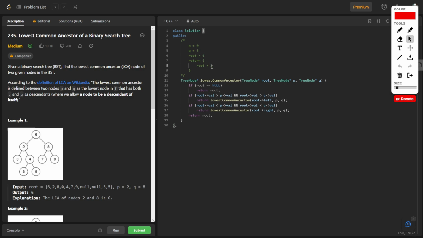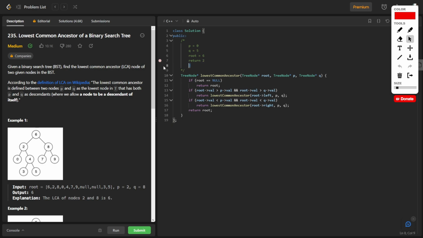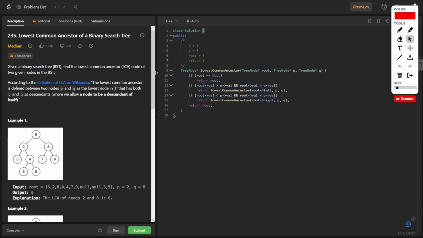So 2 is more than 0, but it is not more than Q, and 2 is less than Q. So we can safely deduce that this 2 is the lowest common ancestor between 0 and 5, right? So we return 2, which is the node of the lowest common ancestor.